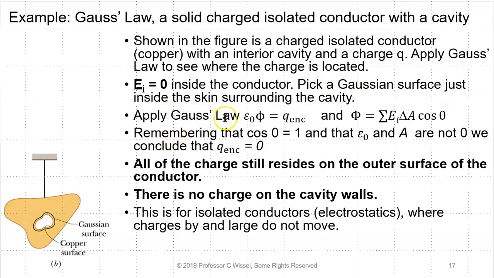We apply Gauss's law, epsilon naught phi equals Q enclosed, and phi equals the sum of E delta A cosine 0. Remember that cosine 0 is 1 and epsilon naught and A are not 0. We then conclude that Q enclosed is 0. So all of the charge still resides on the outer surface of the conductor. There's no charge on the cavity walls. This is for an isolated conductor, electrostatics, where charges by and large do not move.